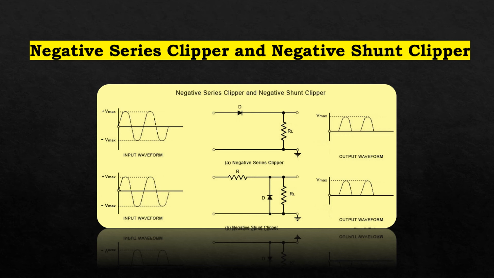If the diode in figures A and B is reconnected with reversed polarities, the circuits will become a negative series clipper and negative shunt clipper respectively. The negative series and negative shunt clippers are shown in figures A and B in the slide.